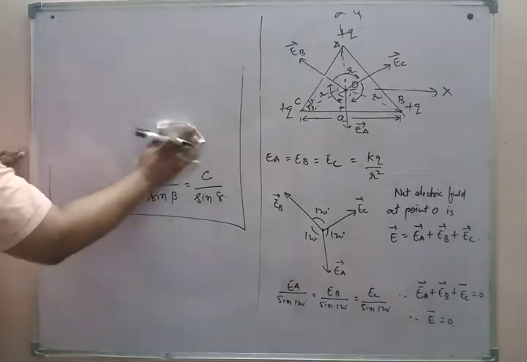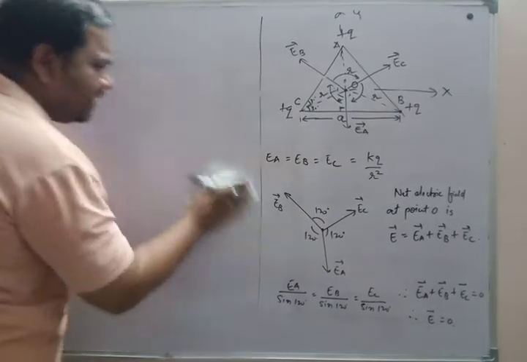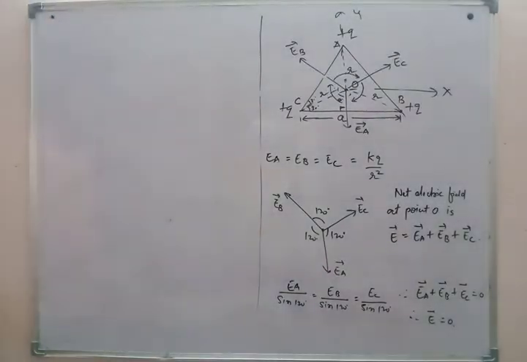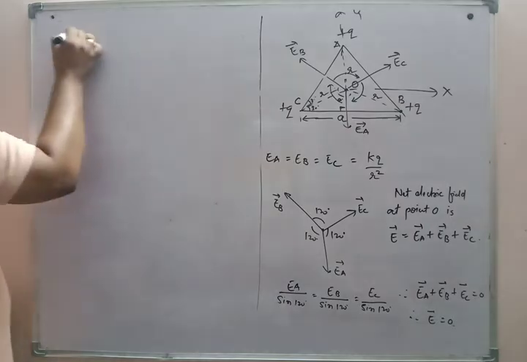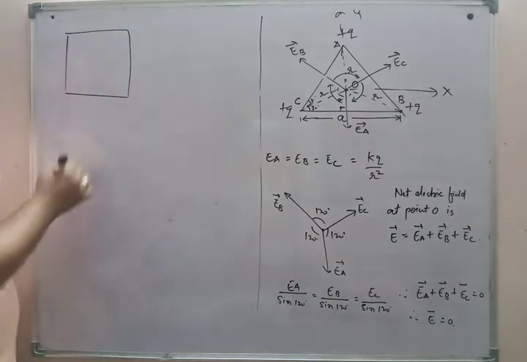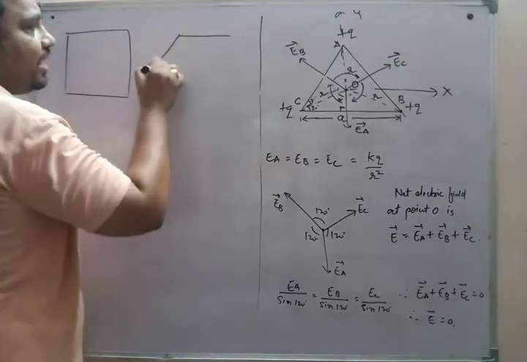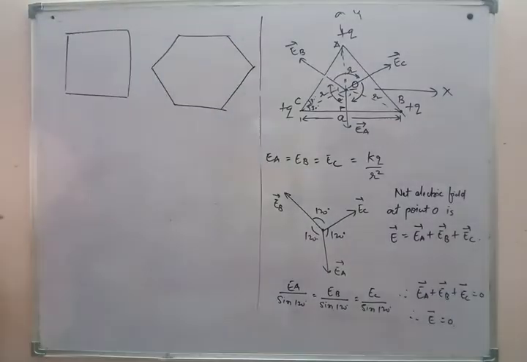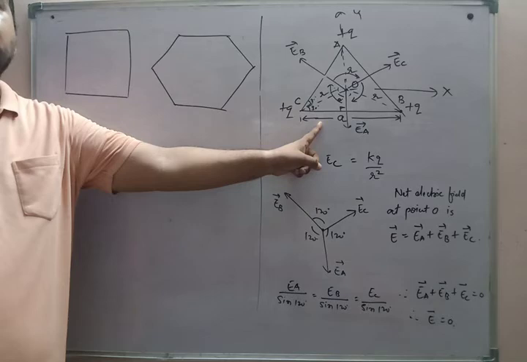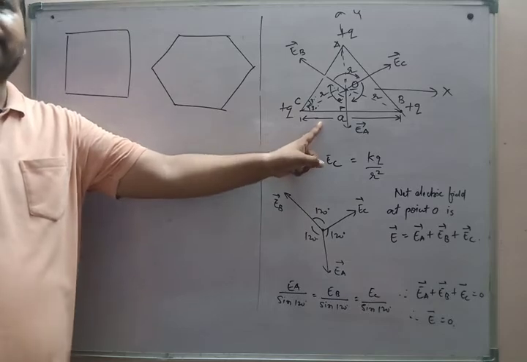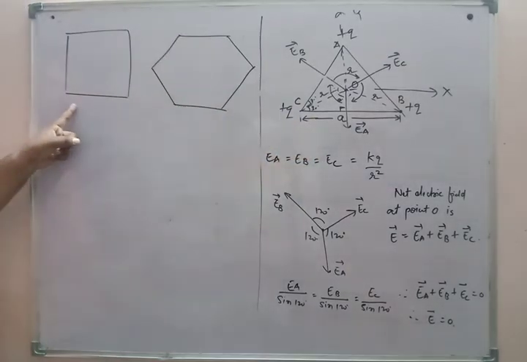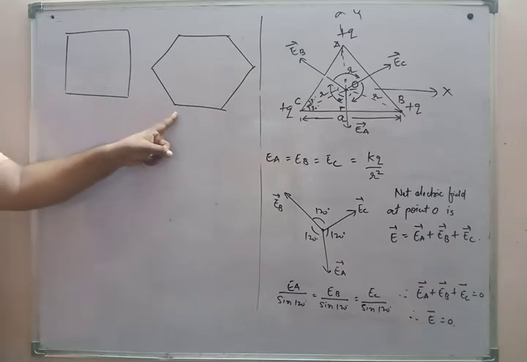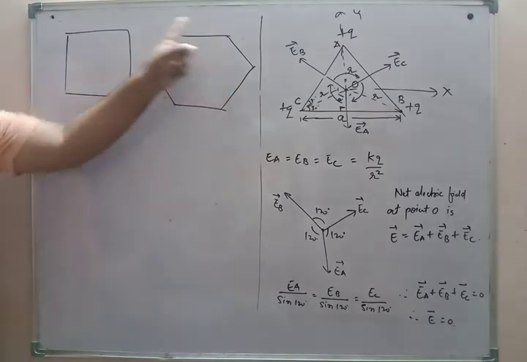Now, I will take you to the more general expression. Suppose we are having a square, or in that sense we are having a hexagon. This is a regular triangle, an equilateral triangle is a regular triangle, this is a square, so a regular quadrilateral, and a regular hexagon, all sides are equal.